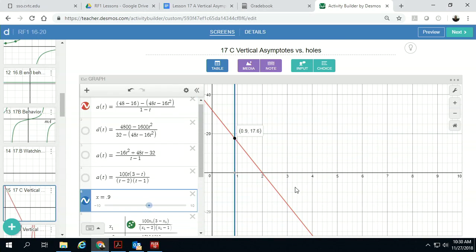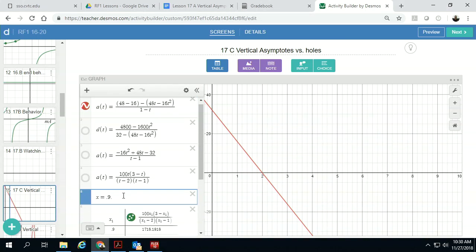And if it's at 0.9, what is the average rate of change? At 0.9. What does it say? 17.6, right? Then it says t goes to 0.99.